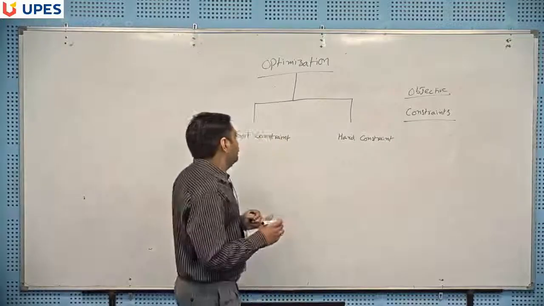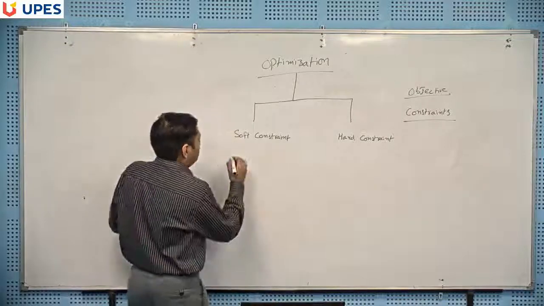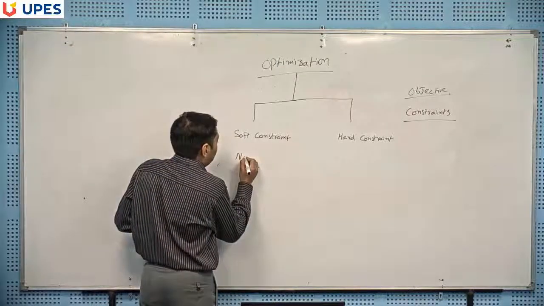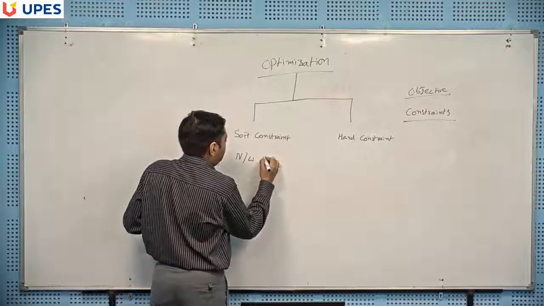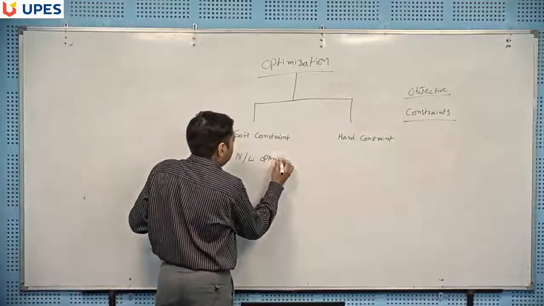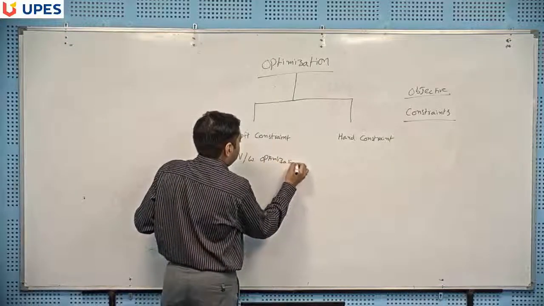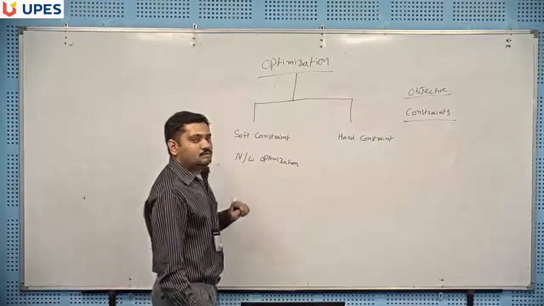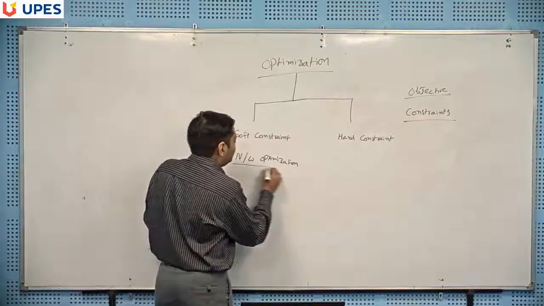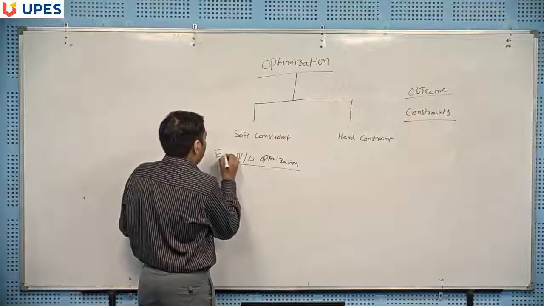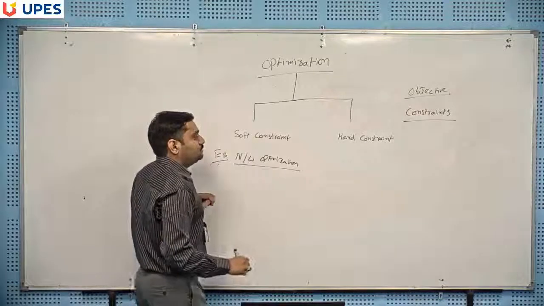One of the problems which we solved was the network optimization problem. So this is a classical example for a soft constraint problem.